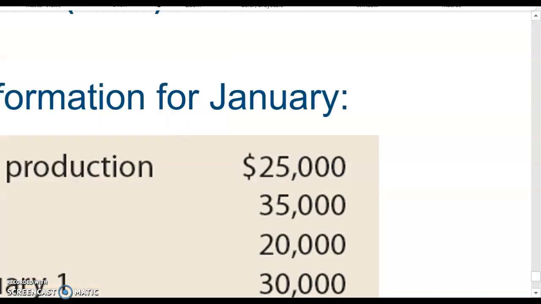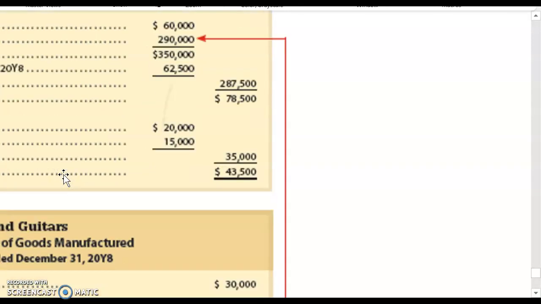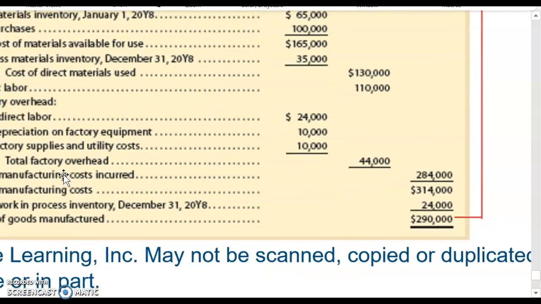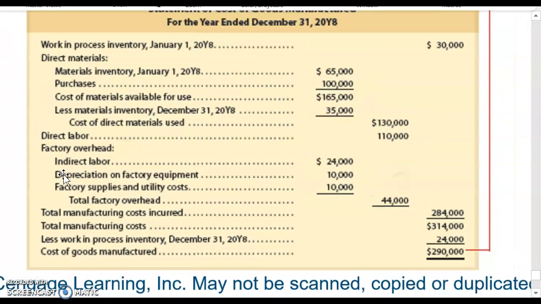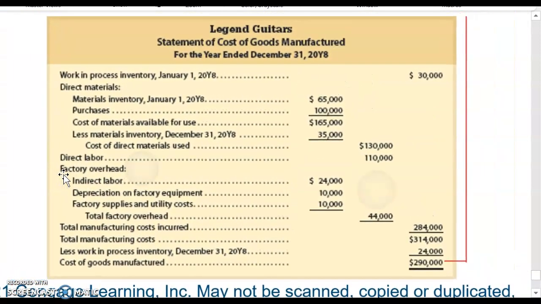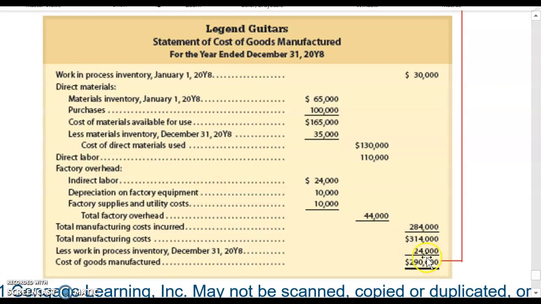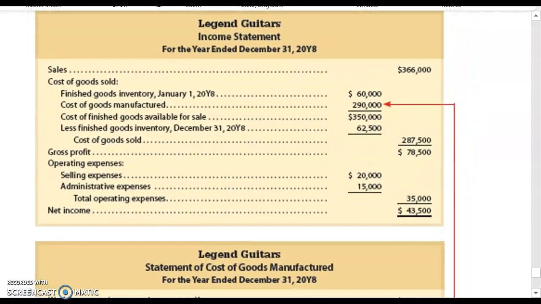And just to show you, that cost of goods manufactured number is coming from that cost of goods manufactured statement that we just talked about. So you have to have that number to calculate cost of goods sold.